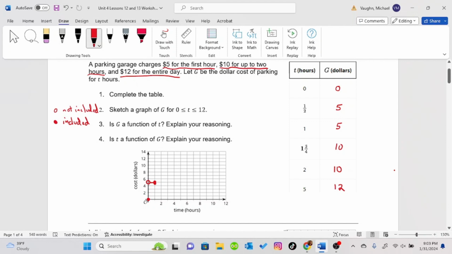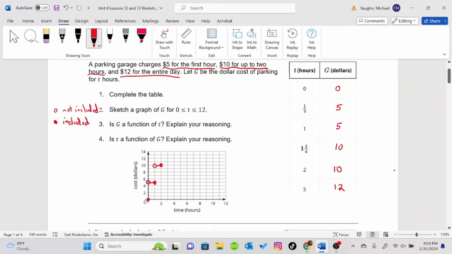The next category was $10 for up to 2 hours. So we're going to go up to $10 and we're going to put a hollow circle. Then we'll go over to 2 hours and we'll put a solid point and we'll draw the line that connects them.